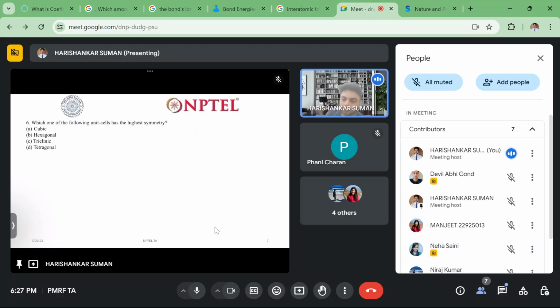So first we have to look at what the cubic system is, the lengths a, b, c and the angles, for hexagonal, trigonal, tetragonal. So we have to learn about the seven crystal systems, and then we can go for symmetry.